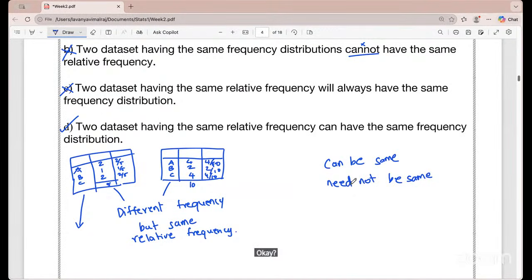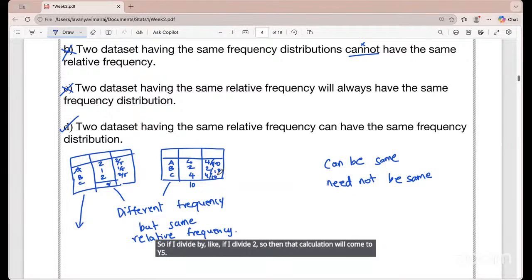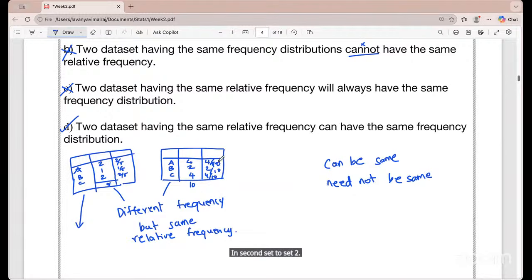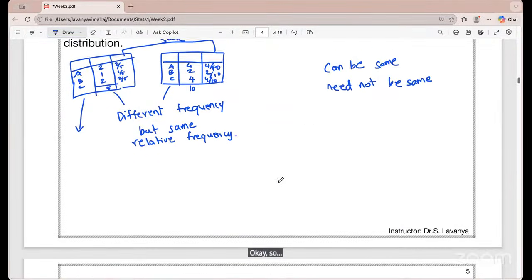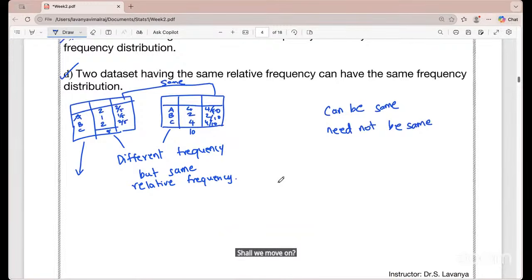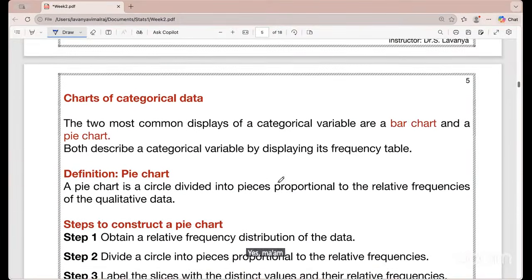If I divide 2 by 5 in the second set, this relative frequency is exactly matching with this, right? Okay. Fine. So shall we move on? Yes, ma'am. Okay.